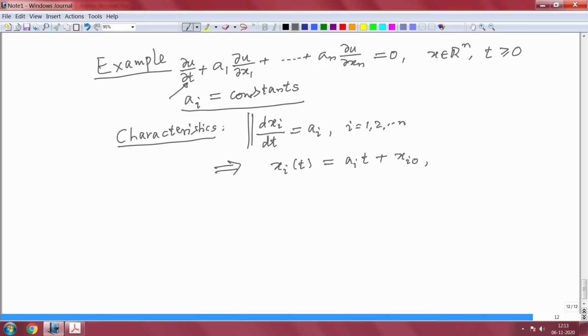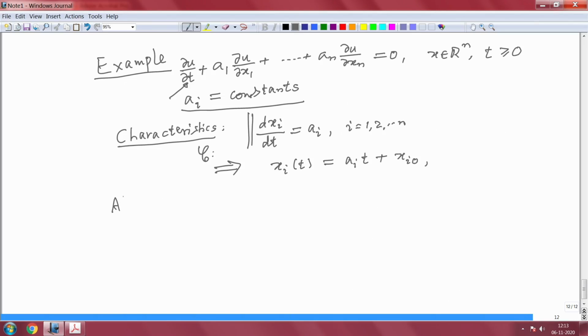Where x i 0 are the initial conditions for these n equations. So, if you take constants, it is very easy to integrate this differential equation, and you call this again a characteristic.